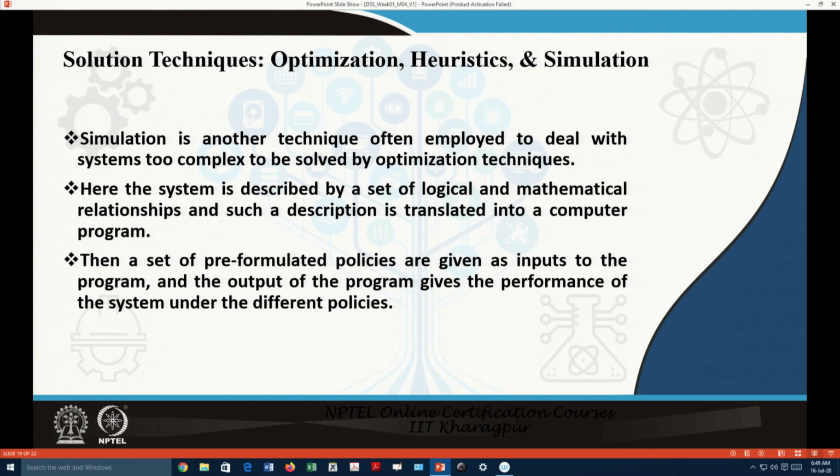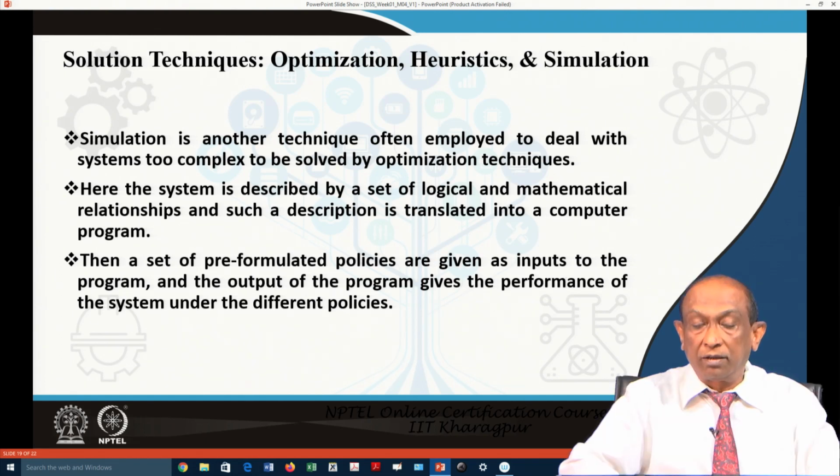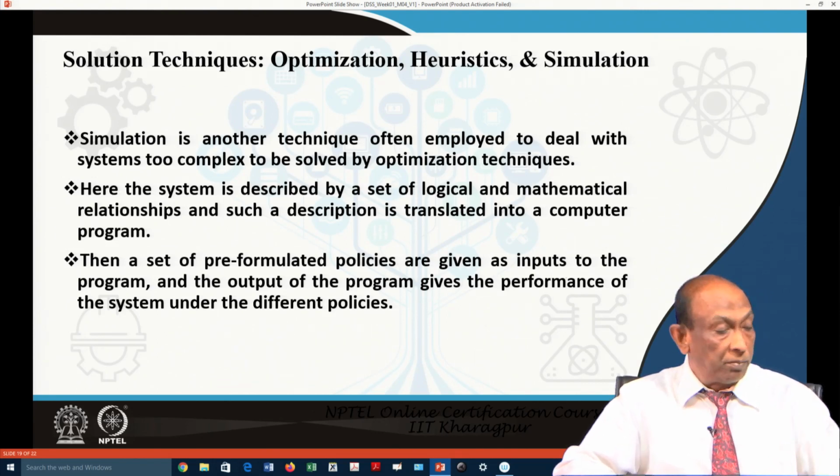Then a set of pre-formulated policies are given as inputs to the program, and the output of the program gives the performance of the system under the different policies. The policies are embedded as part of the computer program.